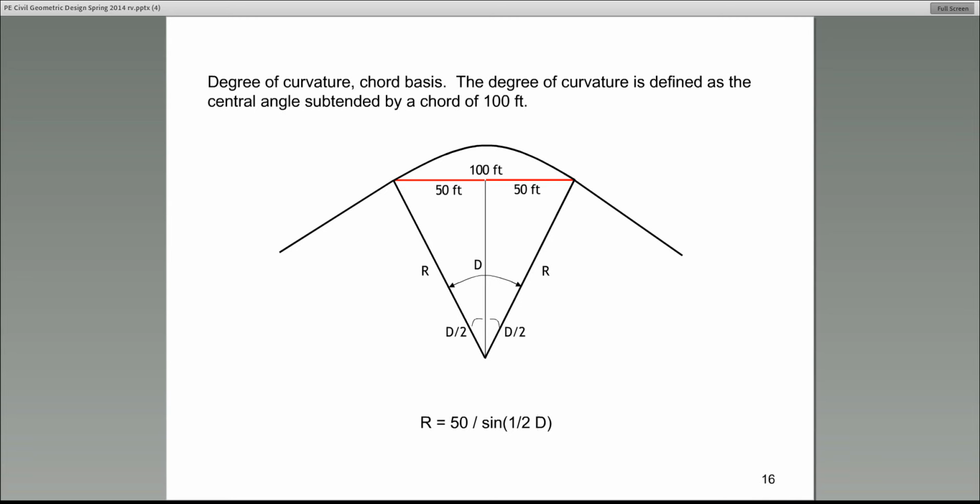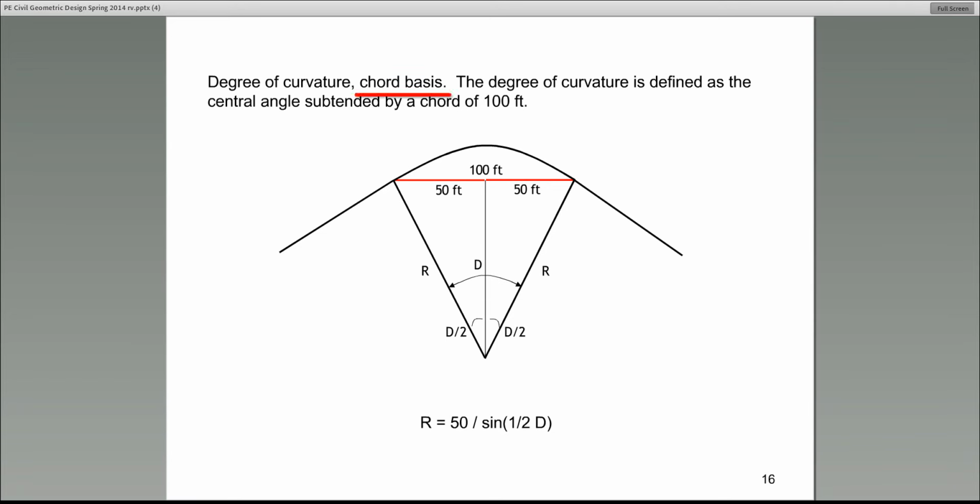All right, those of you, including Amber, that asked what is the degree of curvature, or where is that angle? Here's your answer. All right, Amber? The degree of curvature on the chord basis.